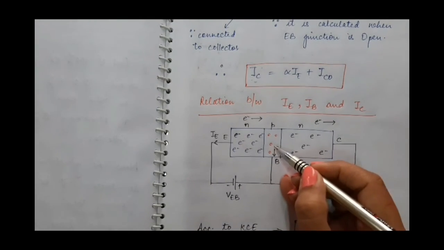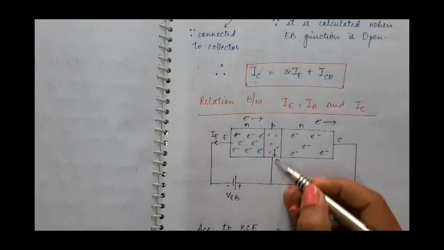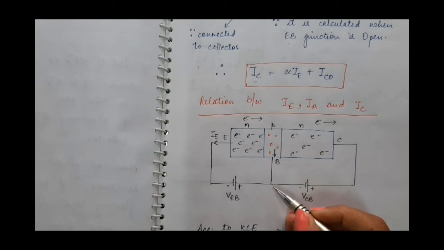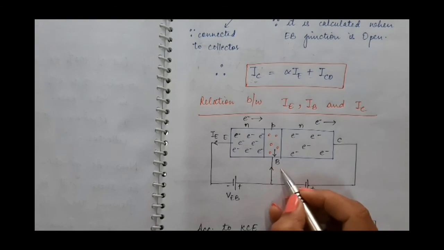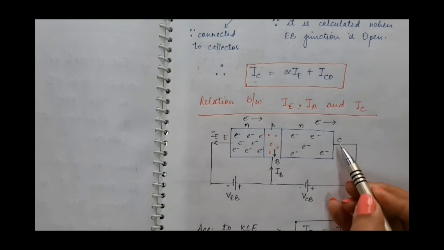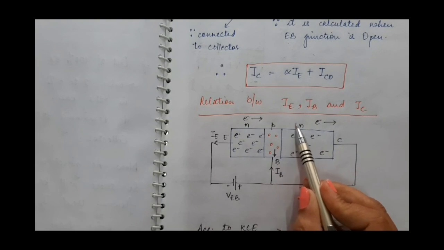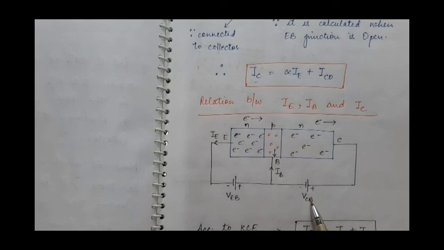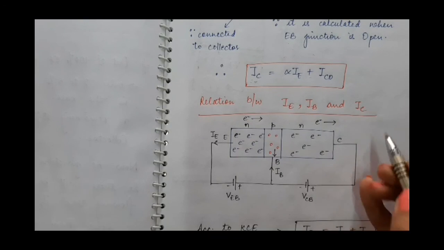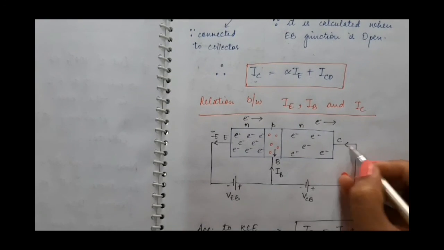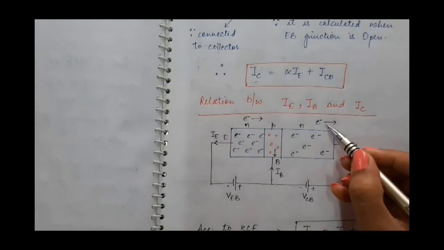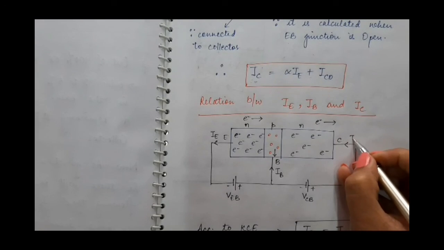It means the electrons are moving in this direction, so the direction of base current, that is conventional current, will be opposite to the flow of electrons. Similarly, in the collector, electrons are attracted by the positive terminal of VCB, so electrons are moving from left to right. It means the collector current, that is conventional current, will be inward, opposite to the direction of flow of electrons.